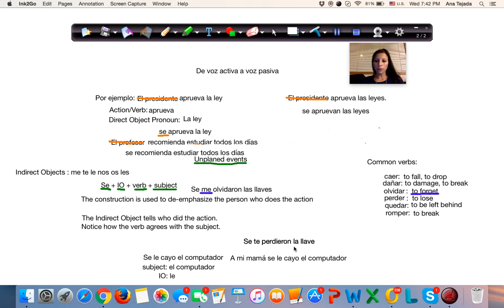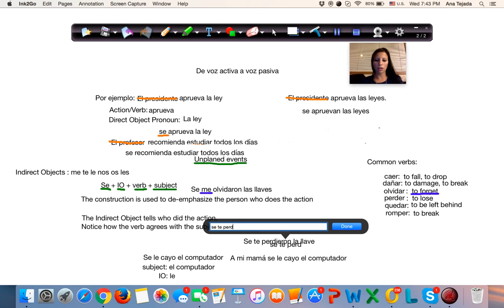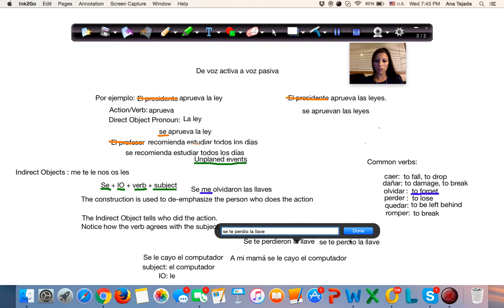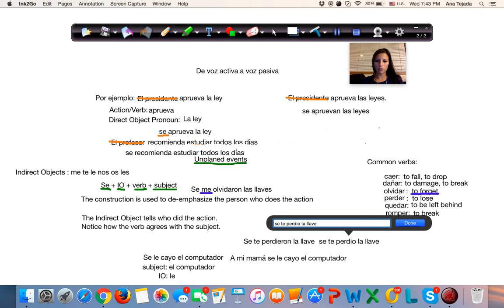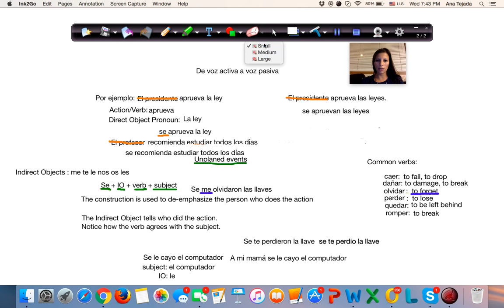What's our action or verb? Perder, to lose, right? What's our direct object? That becomes our subject. La llave. La llave is singular o plural? Muy bien, singular. Therefore, we have a mistake. Se te perdió la llave. Should be a real sentence. Let's do that and then erase this one that is wrong.